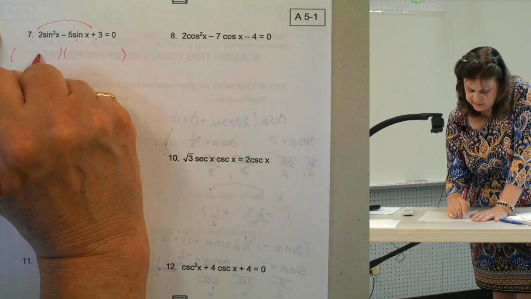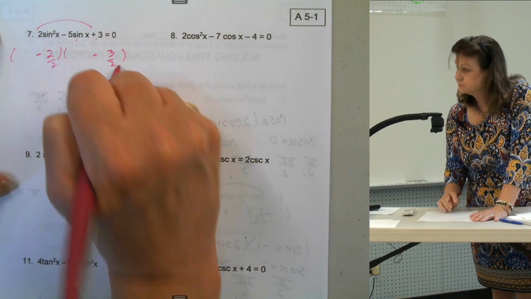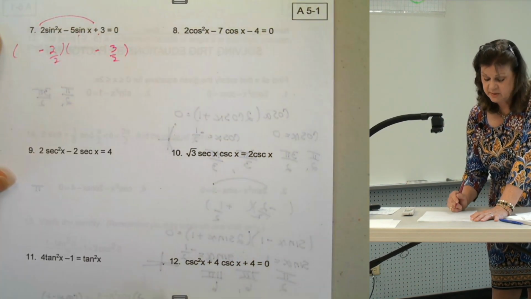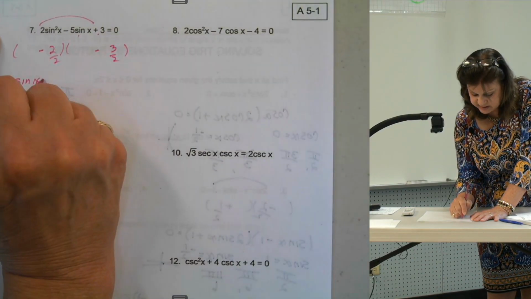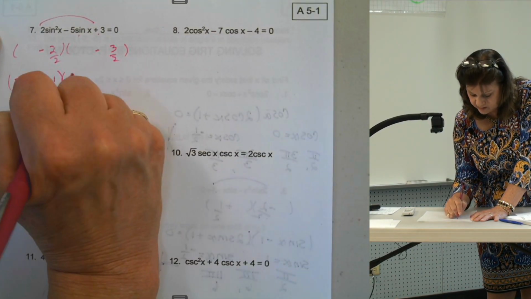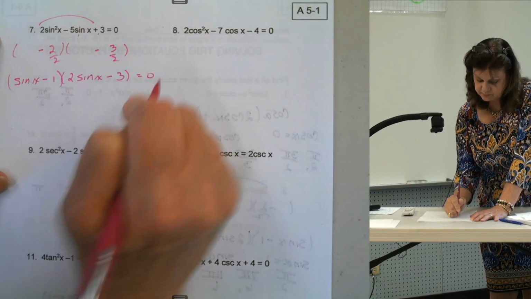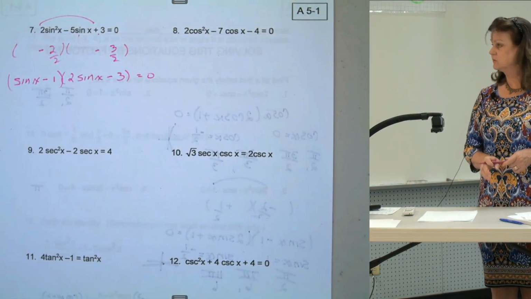So you'd have minus 2 and minus 3. Of course, you artificially multiply by 2, so now you can divide. So now I've got sine x minus 1 and 2 sine x minus 3, okay, equals 0.